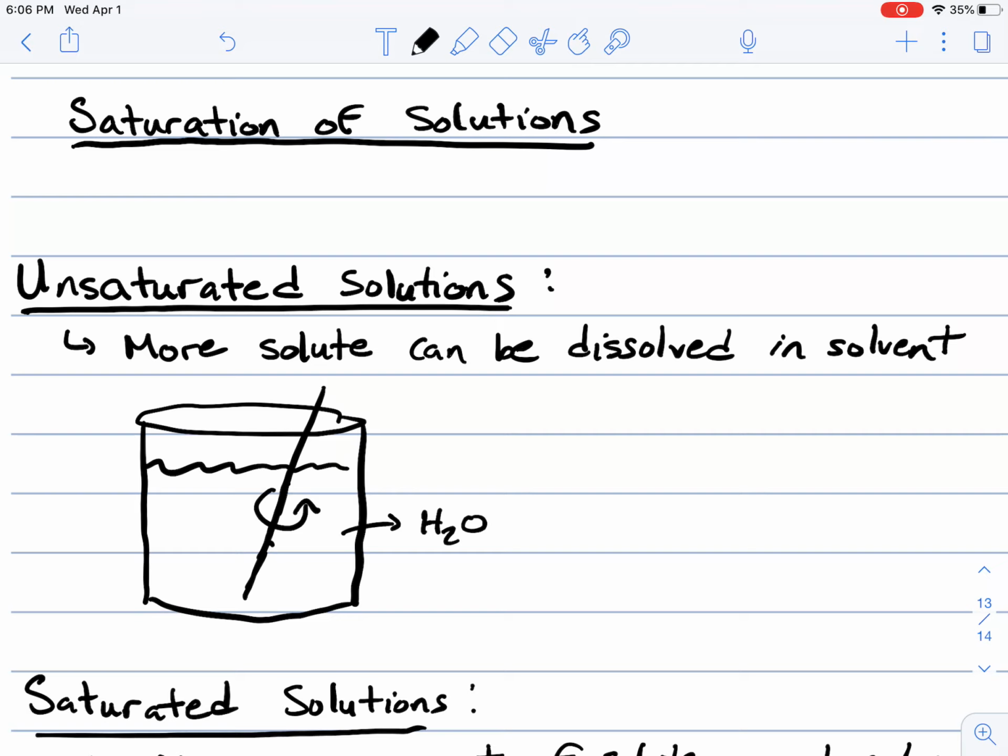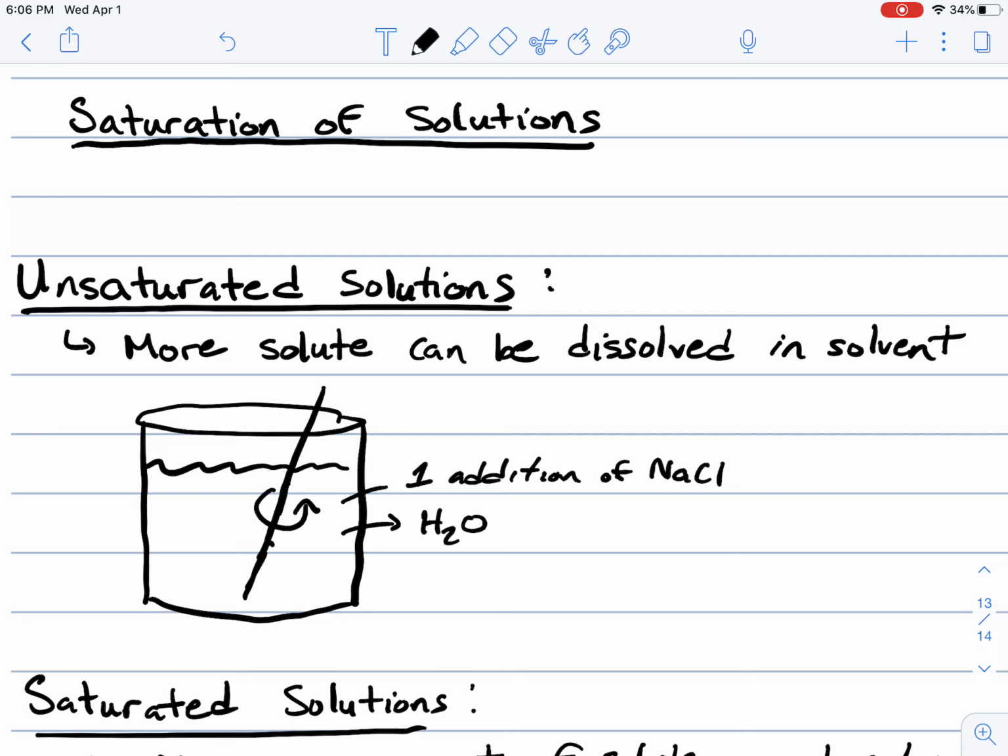And so after the first addition of salt, we stirred it around. And so keep in mind that there's already one addition of NaCl that's dissolved in this water.